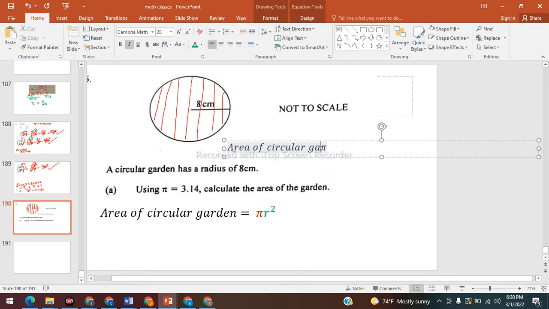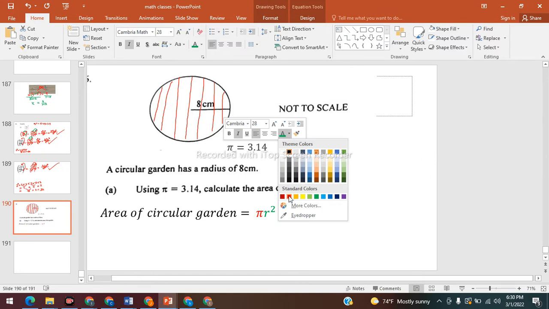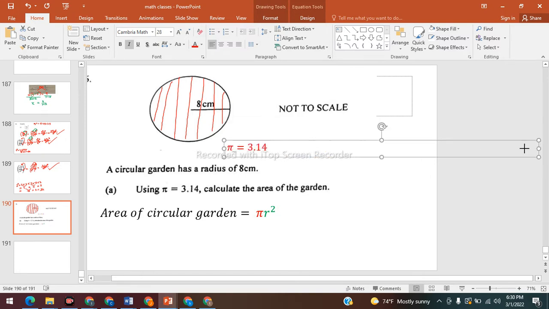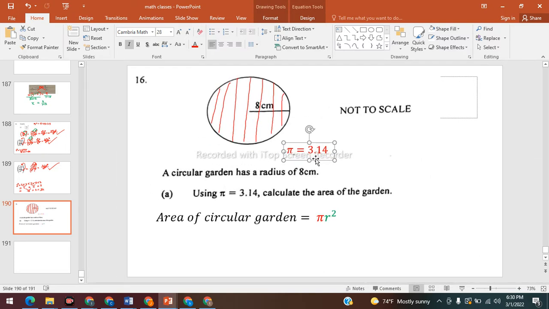They gave us something specifically for pi. They said, for pi, do not use 3.142 whatever. Use the abbreviation 3.14. I'm going to color that in red. That's the approximation we have to use for pi. So we know that pi is 3.14.